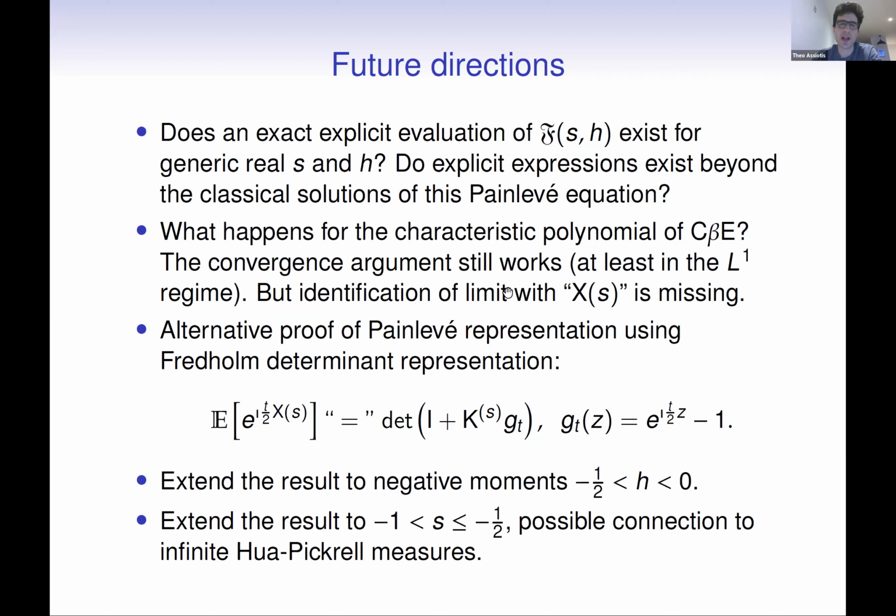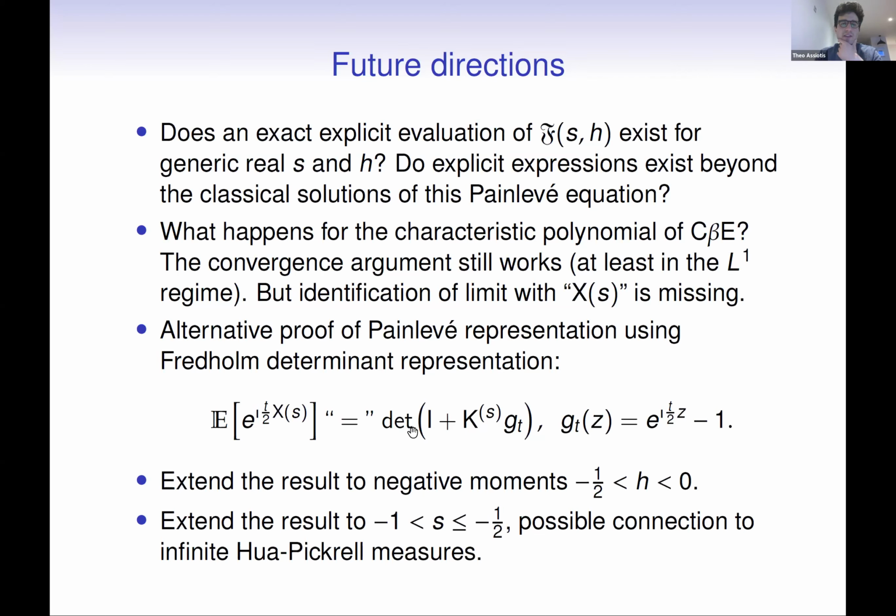And as I said, for S integer, this is now in this paper by Peter Forrester, you can compute things for S integer because you have this hypergeometric function representation. But this is when S is not an integer. So for example, it's not clear whether there's this connection with integrable systems or it's just special for beta equals 2. And then the other thing is an alternative proof of the Painleve representation.